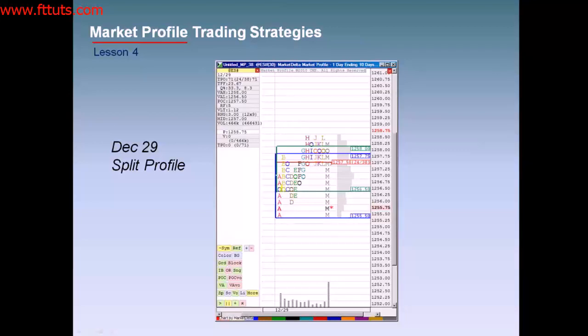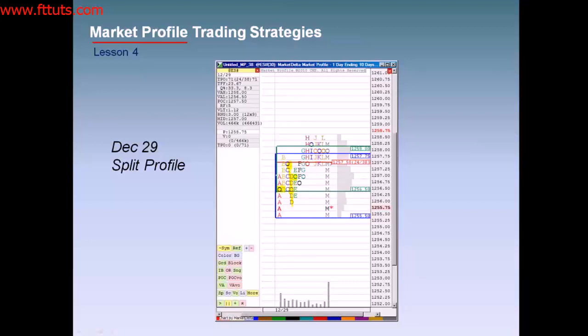So between A and B, B opened right at the same open of A. Now when we go to C period, interestingly enough, it opened at the top range of B, but it dropped right away. And then D came in at the low of C, tested a little bit lower, but then came back up again. And sure enough, E opens right at the top of D.